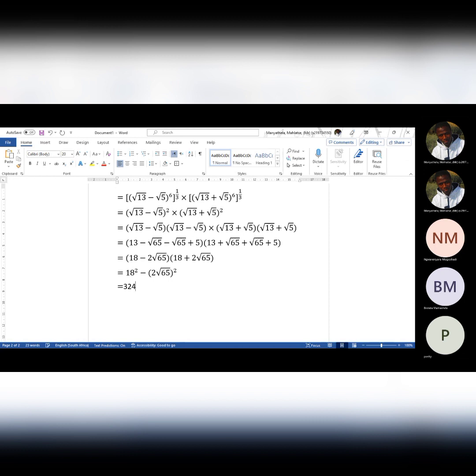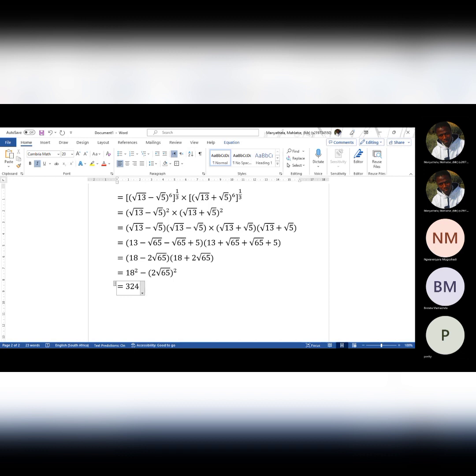Then there 2 root 65 all squared. Make sure we be in brackets or square everything. 260. The first one will be 324.